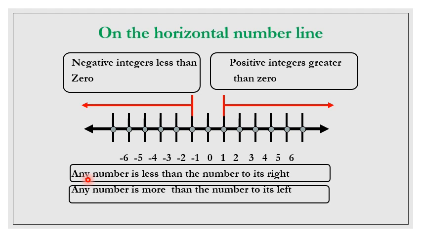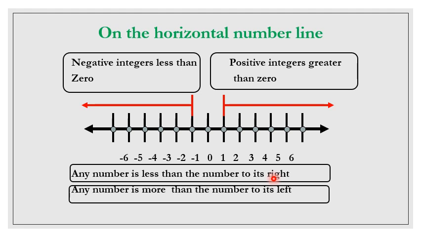Now look at this statement: any number is less than the number to its right. What does that mean?